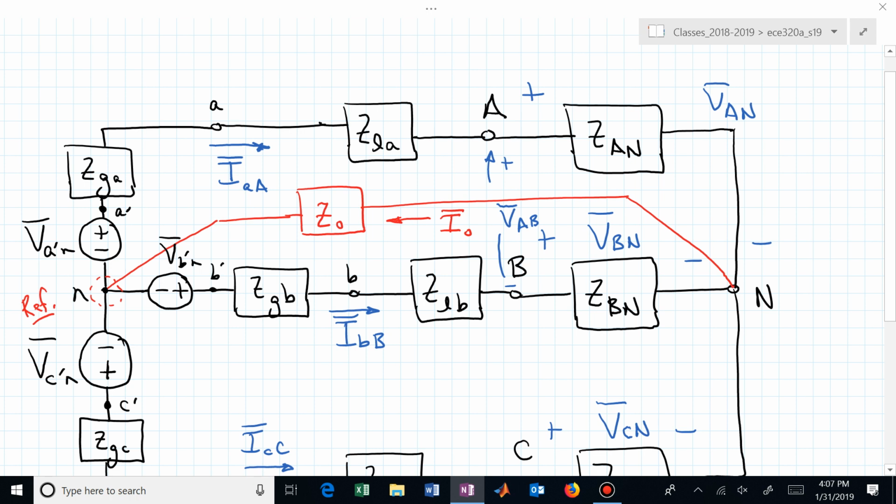I want the complex power of the A phase. If I just gave you an impedance and said, here, find the complex power of that impedance, what would you do? You would say, well, I need the current through that impedance and I need the voltage dropped across that impedance, right? And then it would be V I star with the appropriate voltage and the current. If that's the case, what do I need here? VAN, don't I?